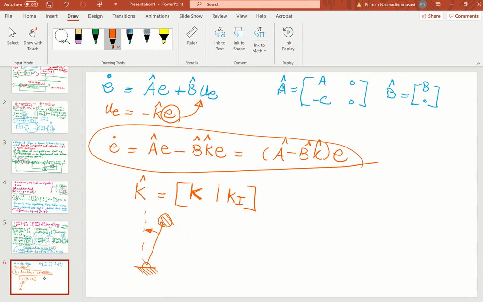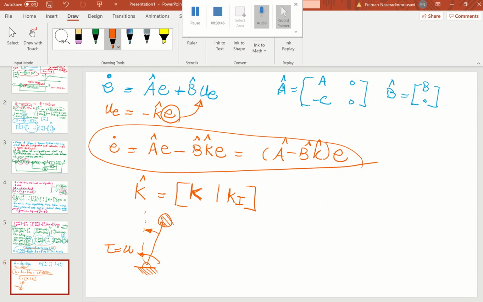I'm going to design a controller tau or u, because this system has no integrator in the open loop. I'm going to explain why. The next class is going to be MATLAB for these examples. Understood? So that's it.